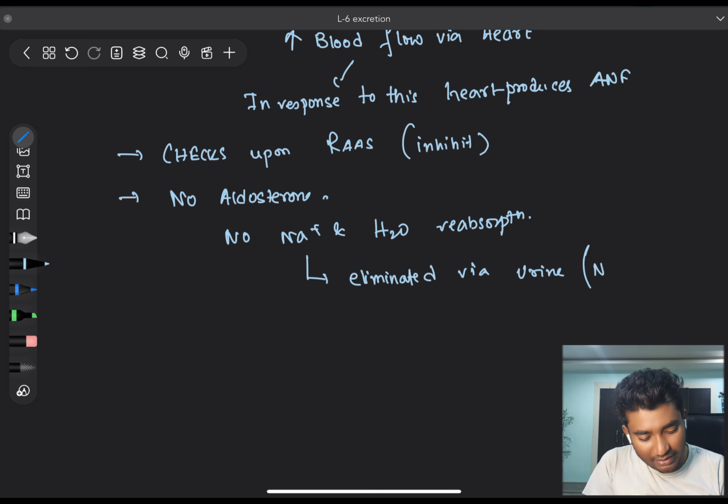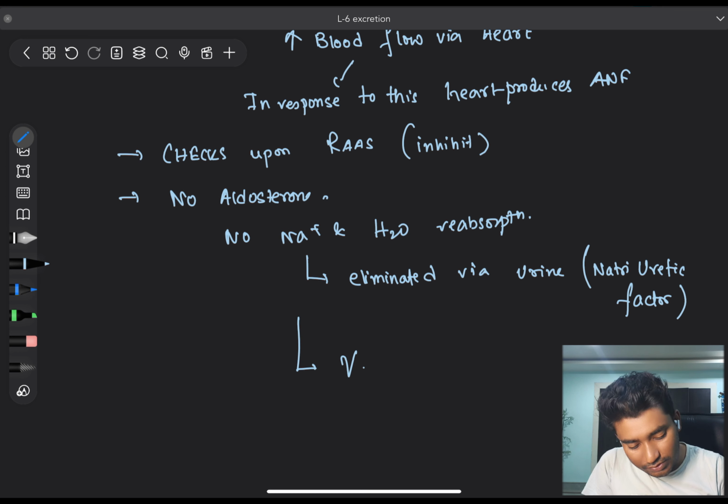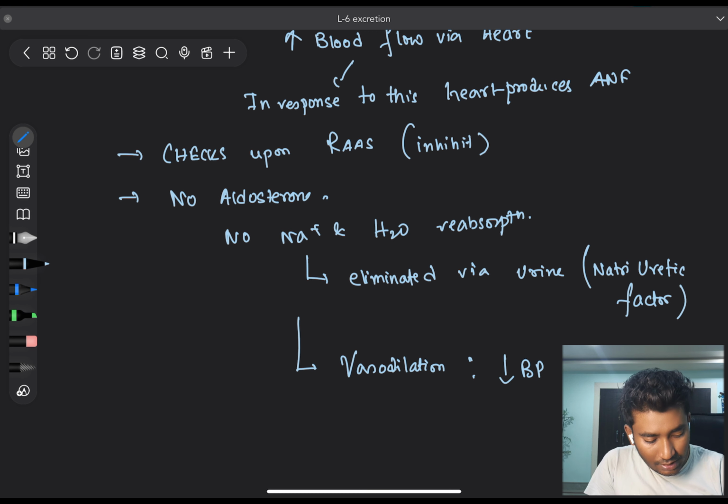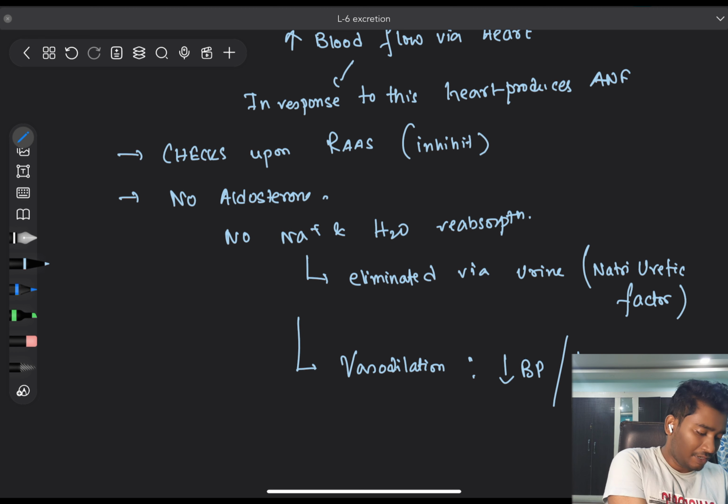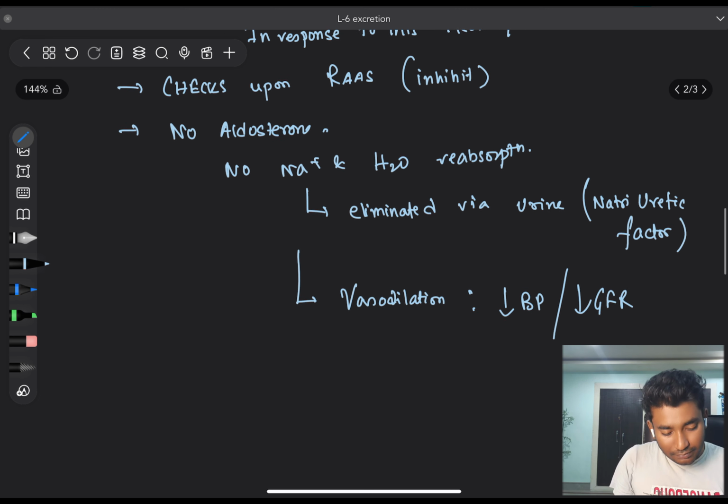That is why it is called the natriuretic factor, because it makes the sodium be eliminated by the urine. And the third point is vasodilation. It dilates the vessel, so ultimately the BP goes down as well as the GFR. Okay, so these are the countercurrent mechanisms of the RAS and the ANF.